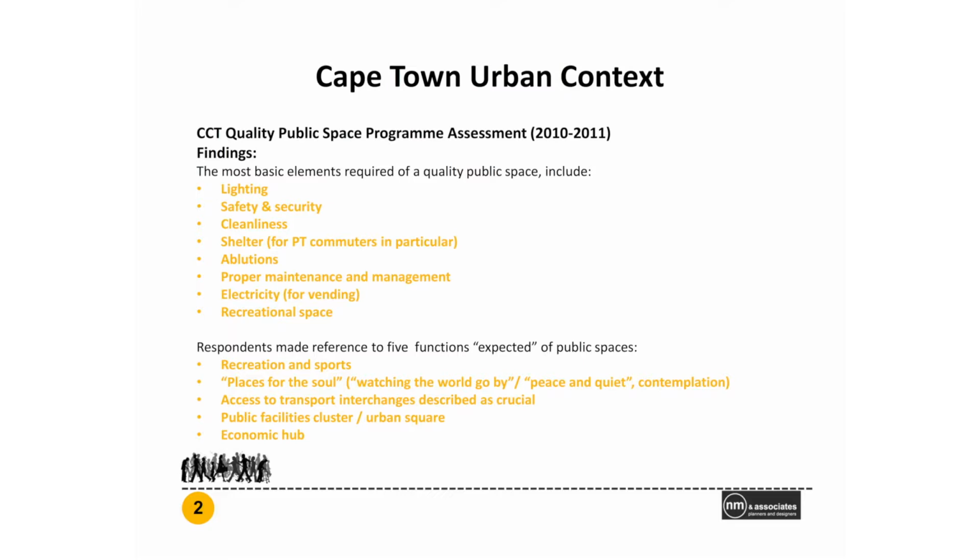There was a very big survey done across Cape Town, and the findings were that the most basic elements required of a quality public space, trying to preamble the quality of streets and public spaces that Jody will be talking about, include lighting, safety and security, shelter, and ablutions. Often people come from where they live and come through these spaces. They use the ablutions because they don't necessarily have ablutions where they live.